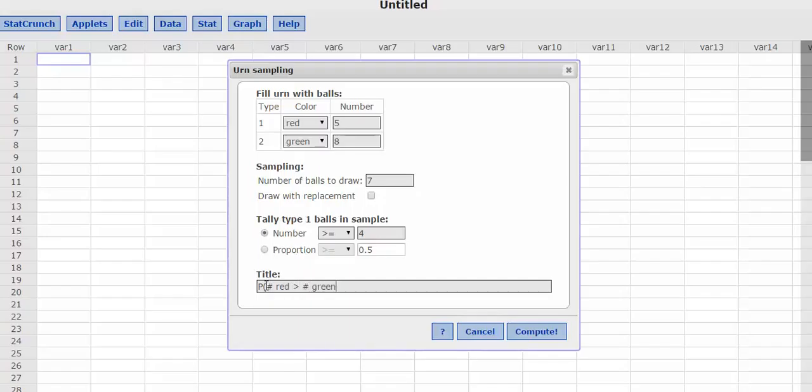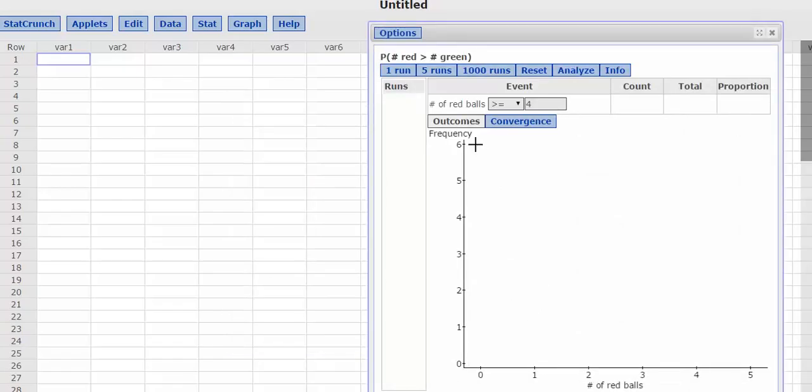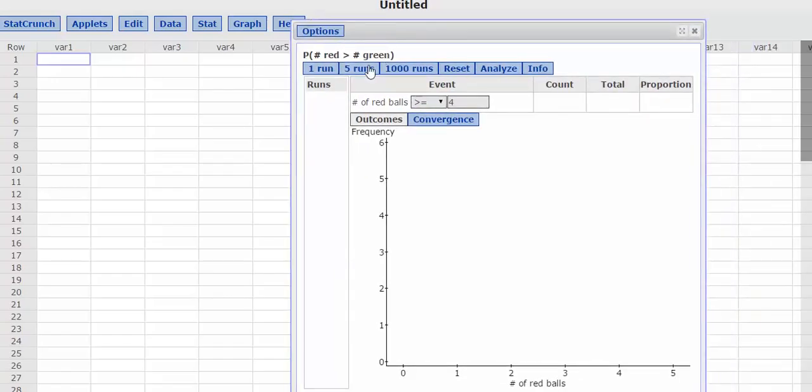And now I'm going to compute it. Now we get to this screen that's going to do the simulation. We can just run it once. We can run it 5 times. We can run it 1,000 times. As I said, by the law of large numbers, the greater your sample size, the better it approximates the probability. So let's go for the big one, 1,000, and let's generate that.